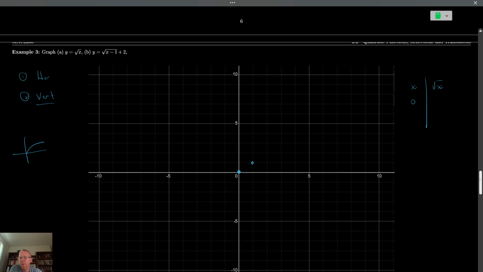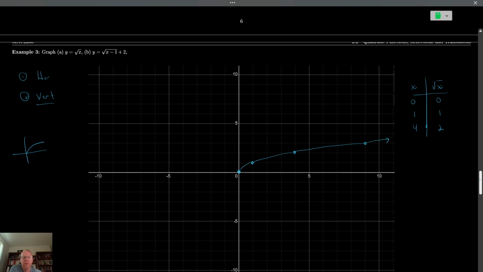So we have 0. Square root of 0 is 0. X is 1. Square root of 1 is 1. We'll skip up to 4, and then square root of 4 is 2. And then 9 square root would be 3. So this is going to look something like this, and go on from there.